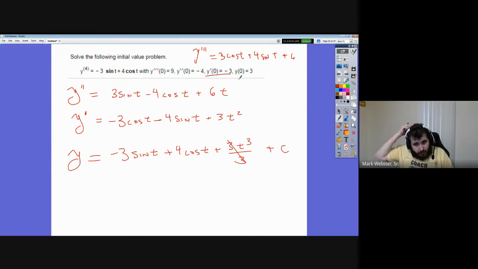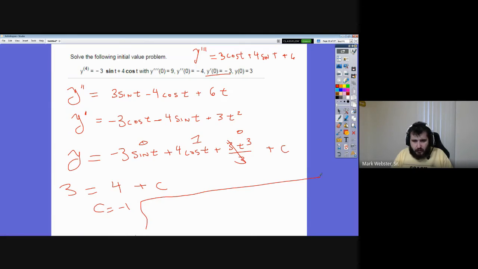And so, at 0, this is 0. This is 1. This is 0. So we're left with 3 equals 4 plus c, right? 4 times 1 is 4. So c here is negative 1. And so our final answer here, what does y equal?